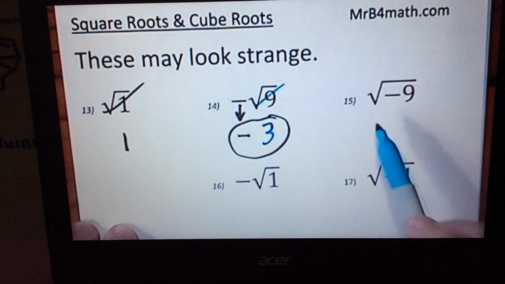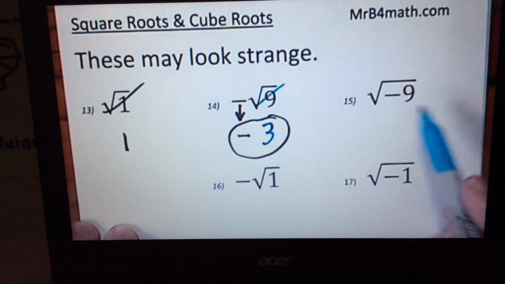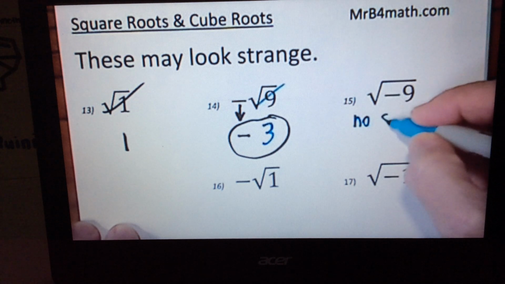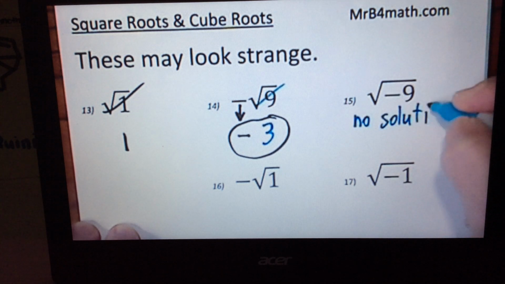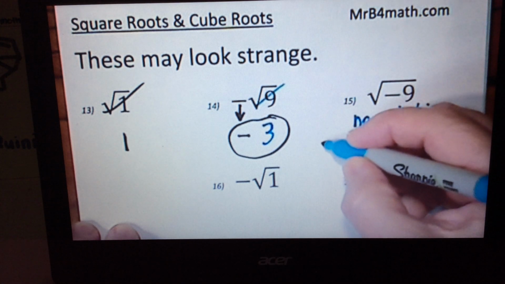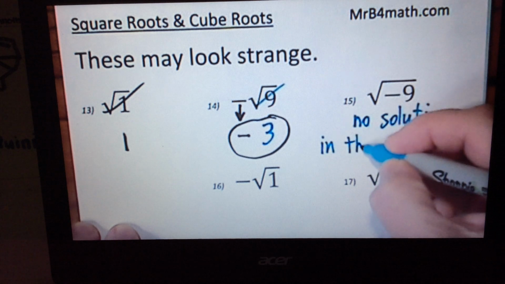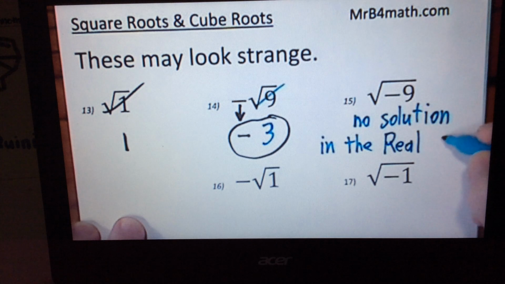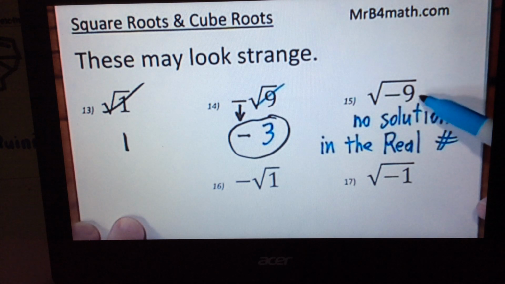However, the square root of negative 9 has no solution in the real numbers. Because if you think about it, how can you have a number times itself that gives you a negative value?